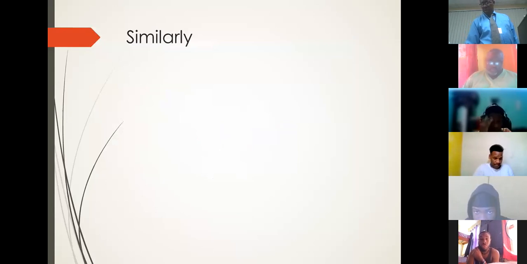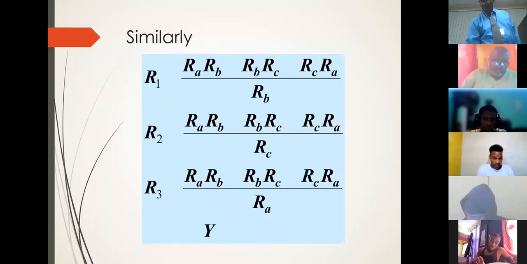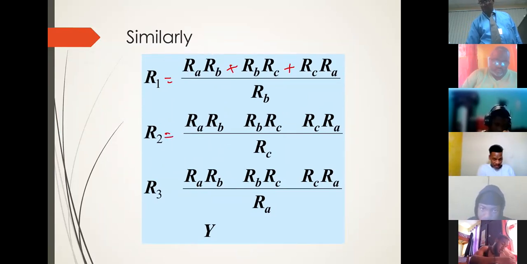If, however, we wanted to go from star to delta, all right? So R1 is equal to the sum of products divided by RB, R2 is the sum of products over RC, and R3 is the sum of products over RA.